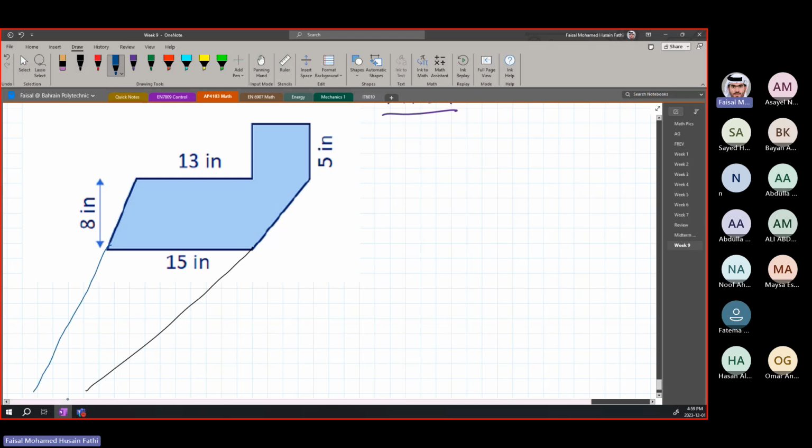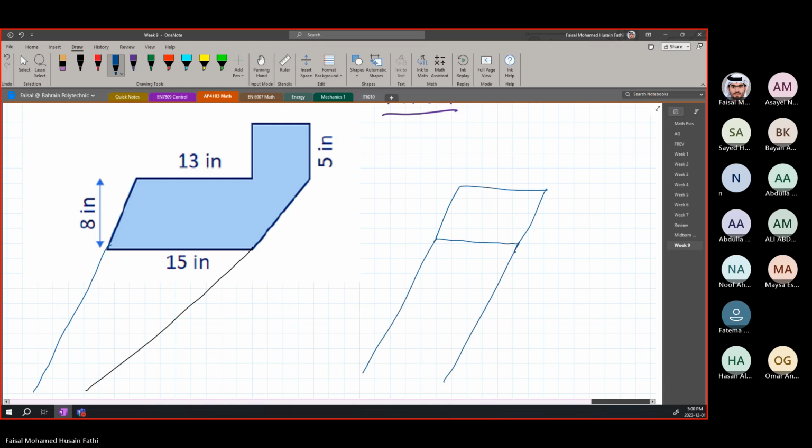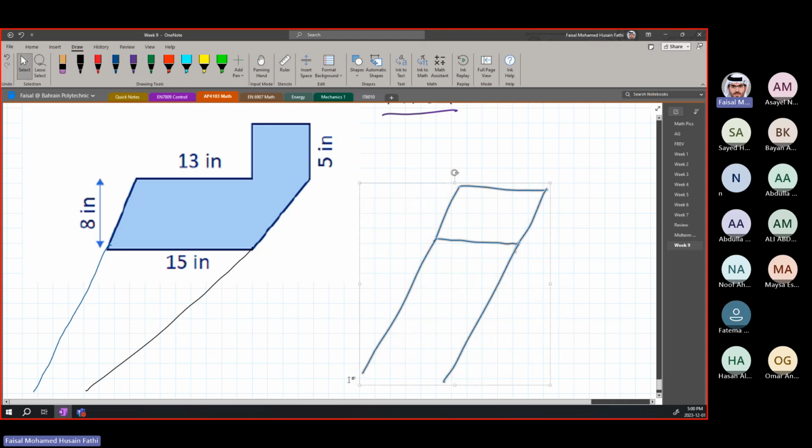Eventually they're going to meet. It's not a parallelogram. And in a parallelogram, these lines will always be parallel. They will never meet. In the assumption that this is a parallelogram, yes, we can easily solve it. We don't need to overcomplicate it.